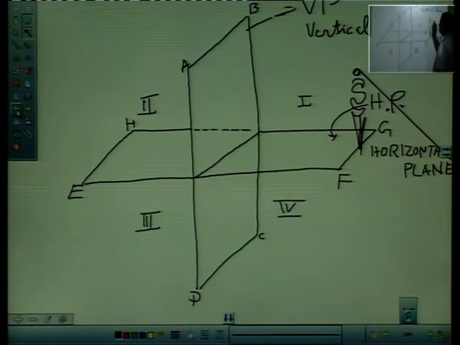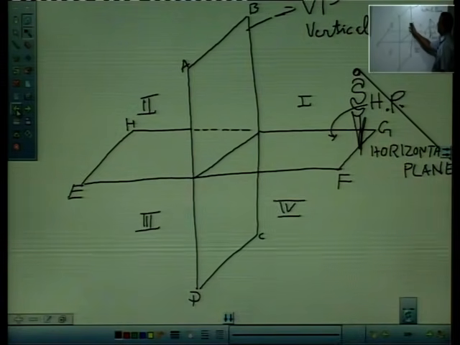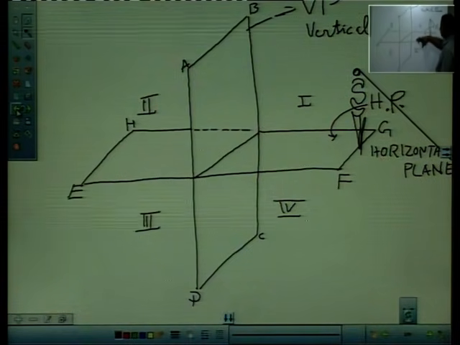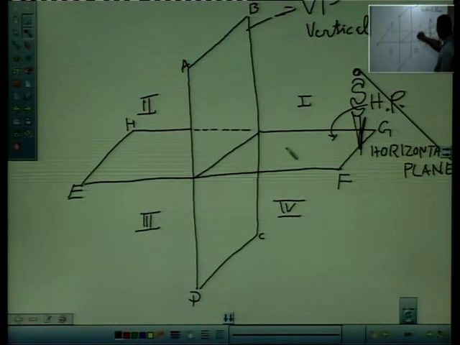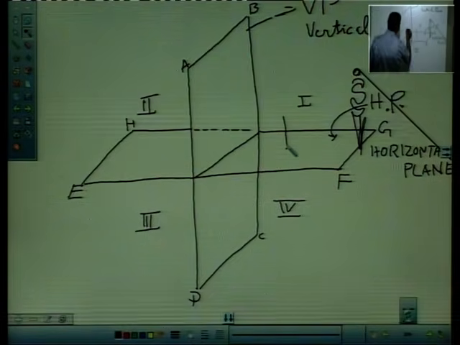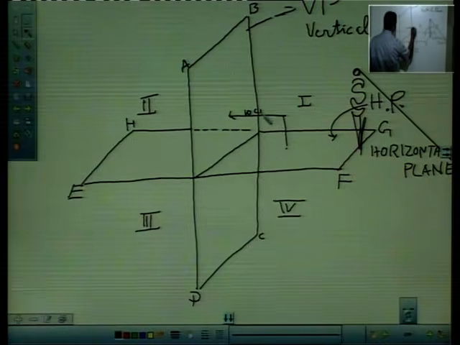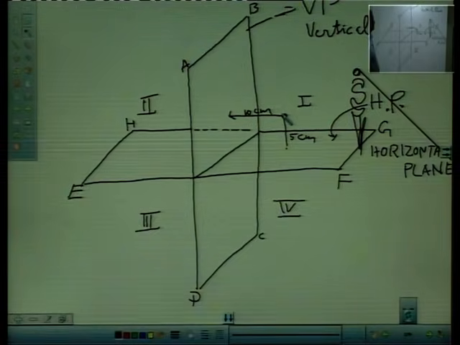Point P is 10 centimeter in front of vertical plane, away from vertical plane towards this side, and point P is 5 centimeter above horizontal plane. So, the point is not resting on this, the point is a little higher, and 10 centimeter from this side. So, the point is somewhere here.